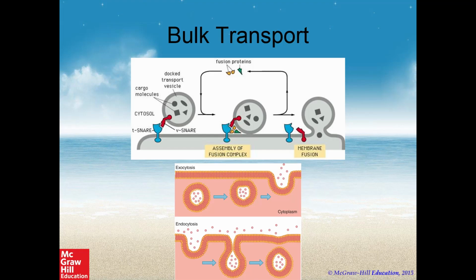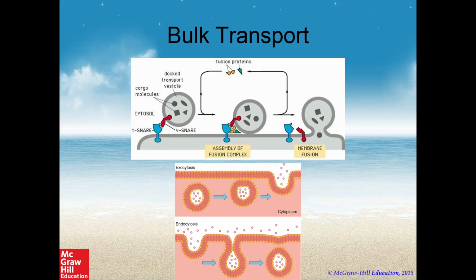Bulk transport occurs because of what's called a SNARE system. There's a SNARE associated with the vesicle. That's called a V-SNARE. And then there's a SNARE associated with the membrane, and that's called a T-SNARE. So vesicular SNARE, target SNARE.